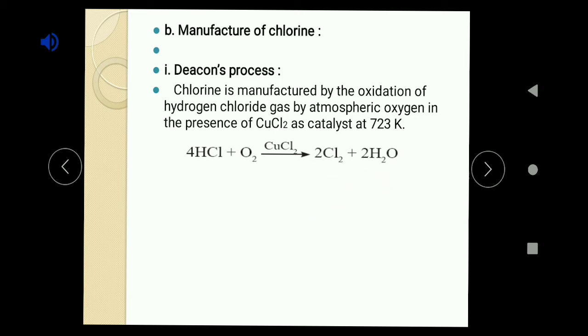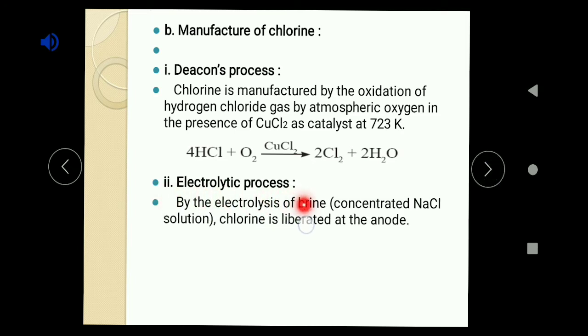This is large scale preparation of chlorine, in which HCl is directly oxidized by using oxygen in presence of a catalyst CuCl2 and temperature of about 723 Kelvin to give you chlorine and water.